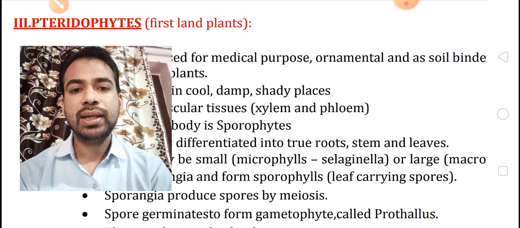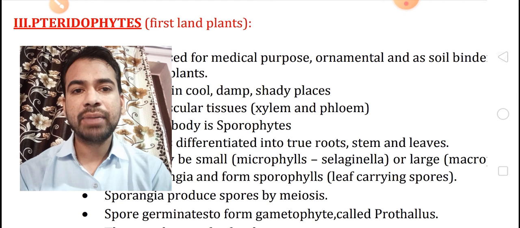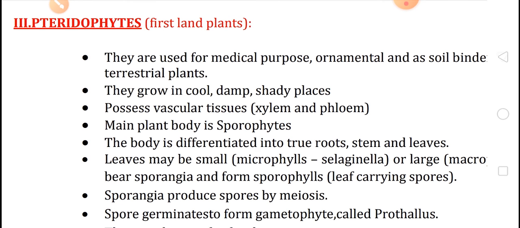See, the pteridophytes are the first land plants. They are used for medical purposes, for ornament also, and they can grow easily in the soil.